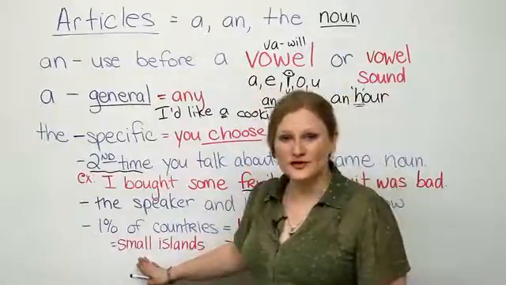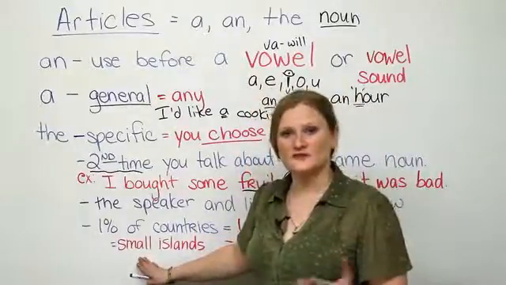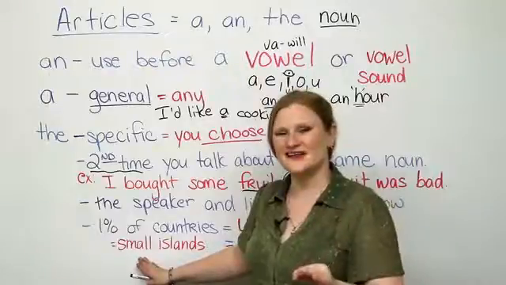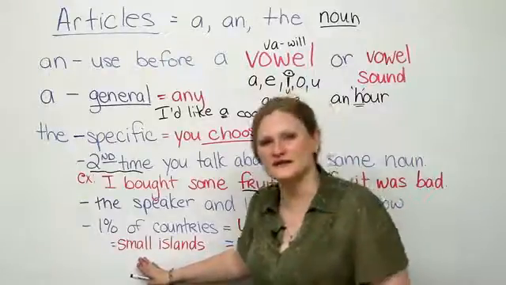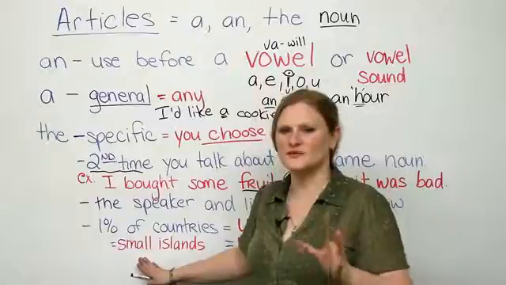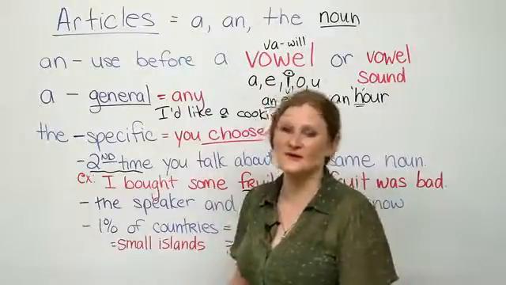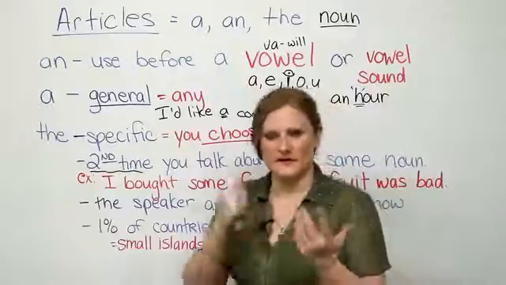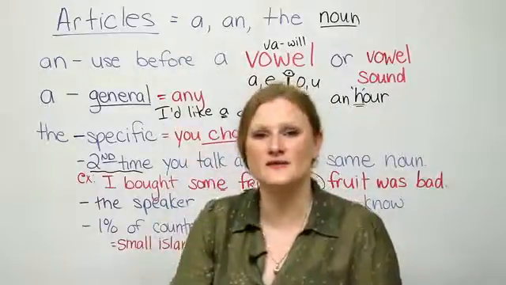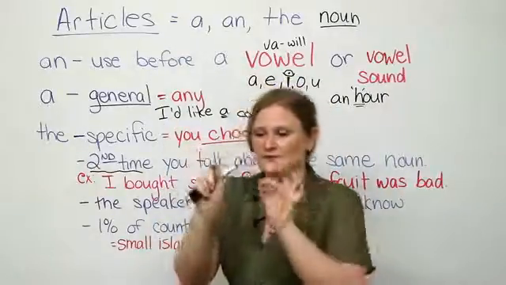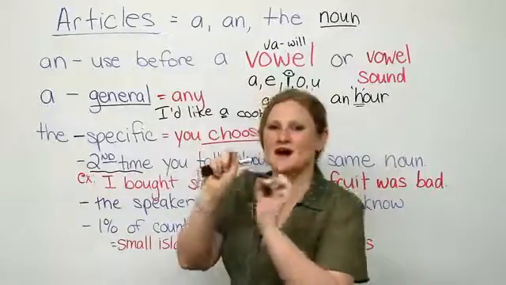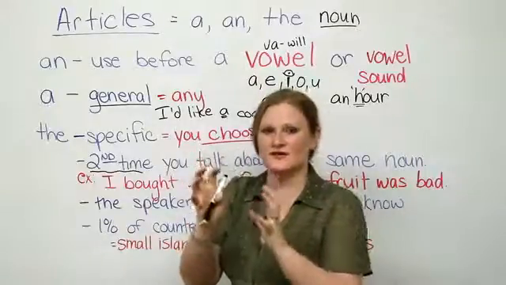We have to use the if the country is comprised of tiny or small islands. I do not expect everyone in the world to know which countries are made of small islands, but to help you out, off the top of my head, the Philippines. If you look at a map, the Philippines has many tiny little islands that make one country.